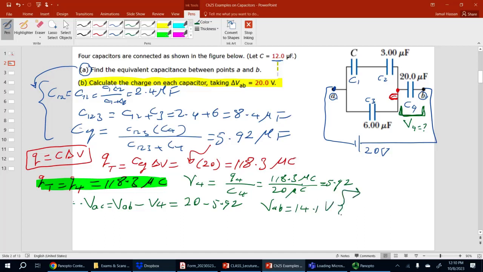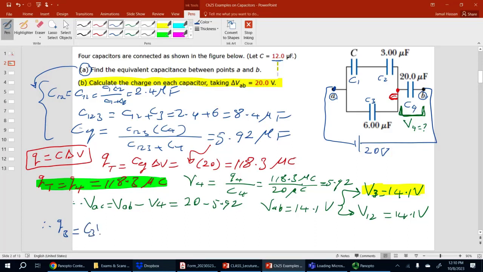But remember, VAC actually is V3. So V3 is equal to 14.1 volt, and V12, both of them together, is equal to 14.1 volt. So this is going to help me. If I know V3 and C3, I can find Q3. Q3 is equal to C3 V3.